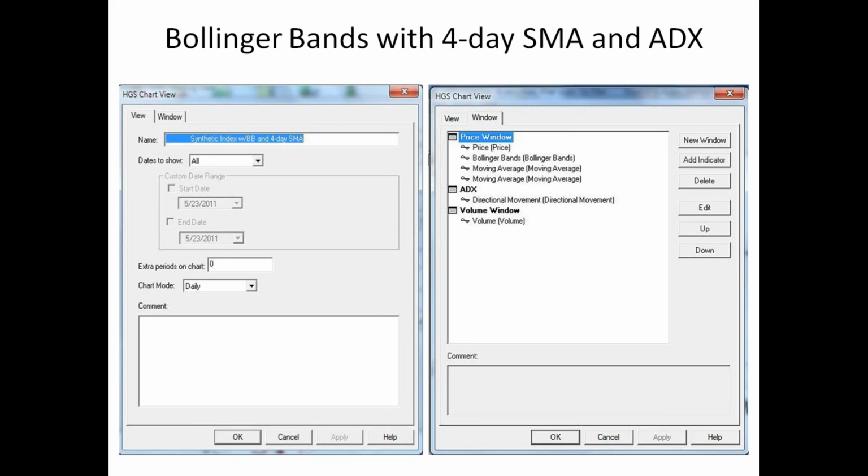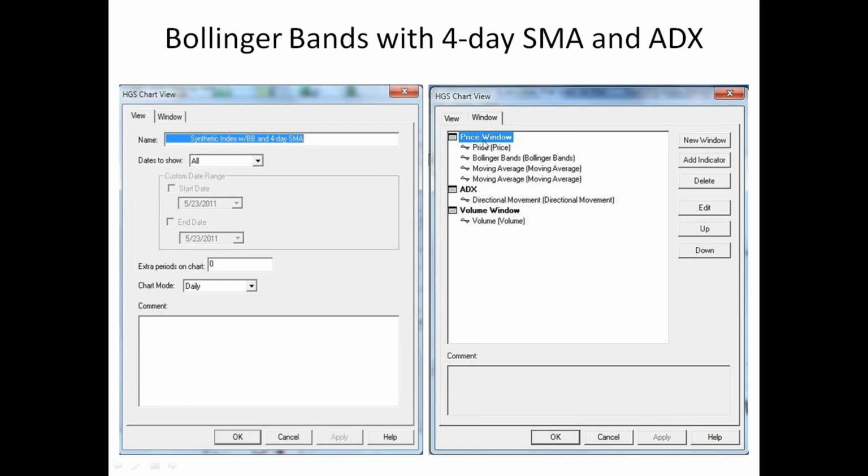Okay, the second chart view is what I call the synthetic index with Bollinger Bands and 4-day SMA. You can name it anything you want, but the process is the same. You're in charting view. You click on Tools, create a chart in the view, give it its name, then click on the Window tab.